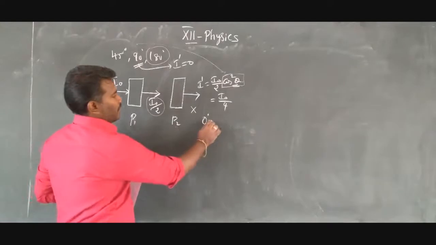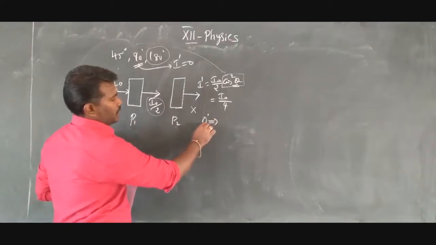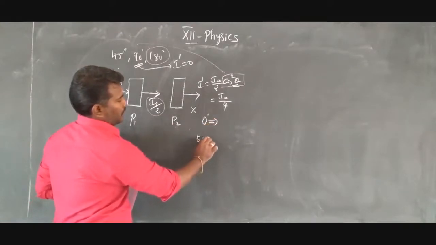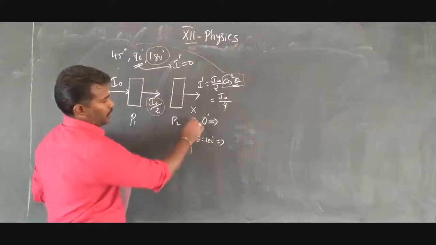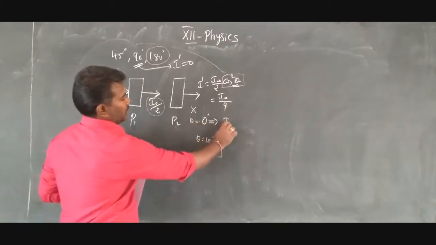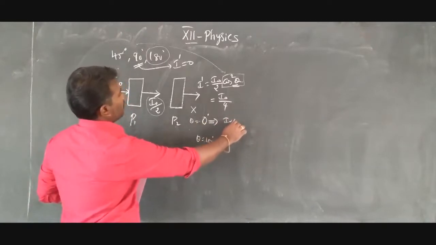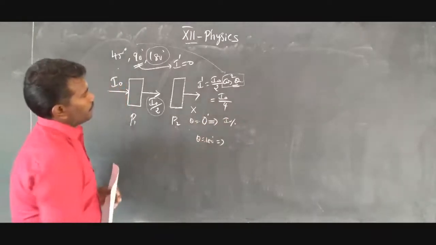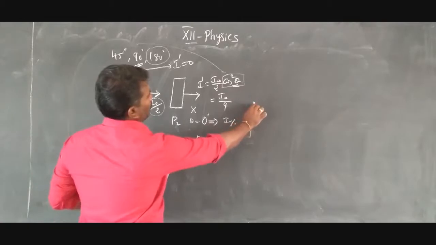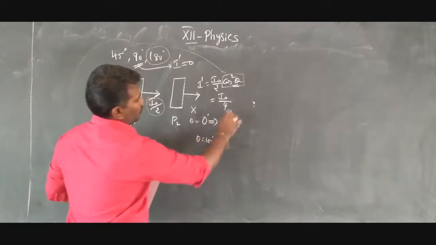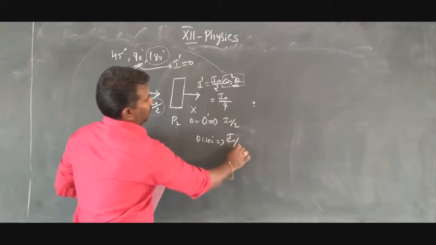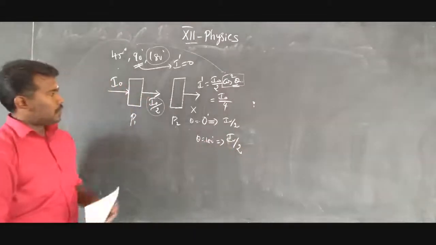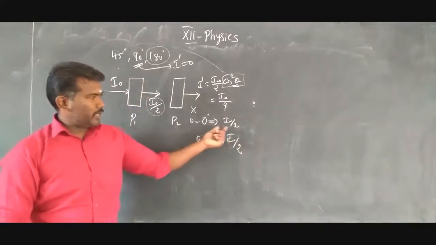The value for theta is 0 degree, and the same for 180 degree. For theta equal to 0 degree, the intensity is I naught divided by 2, and at 180 degree also the intensity is I naught divided by 2. Parallel, 0 degree, means I naught divided by 2.